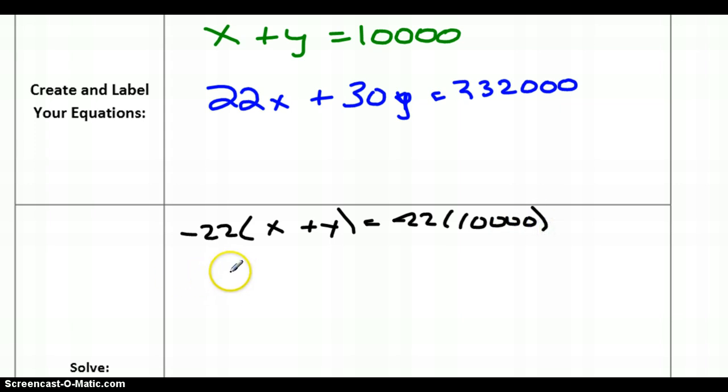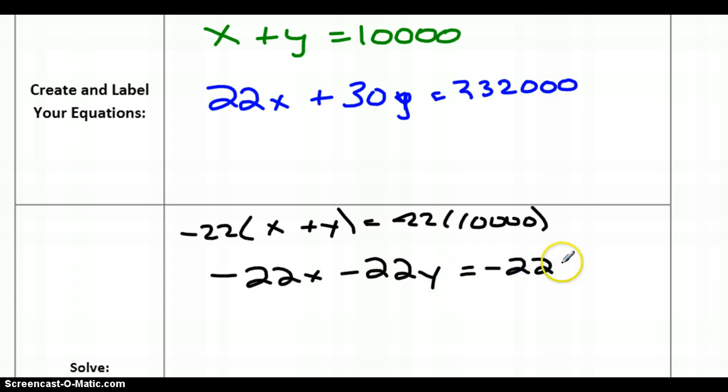Okay, so this gives me negative 22x minus 22y equals negative 22 with 4 zeros. Now my other equation, no change.